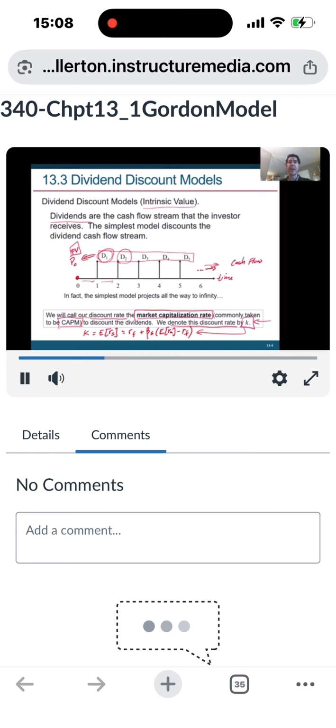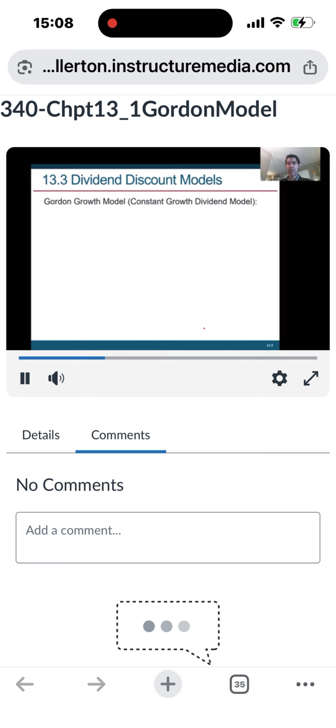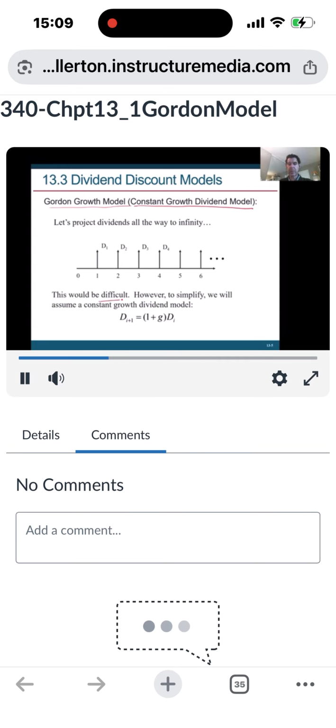So we're going to simplify. We're going to use a constant growth dividend model, which is often called the Gordon growth model. It's a simplification. Here's what it looks like. Let's project dividends all the way to infinity. Here were our dividends going all the way to infinity, but we said that's complicated, so let's simplify. To simplify, we're going to assume a constant growth dividend model.